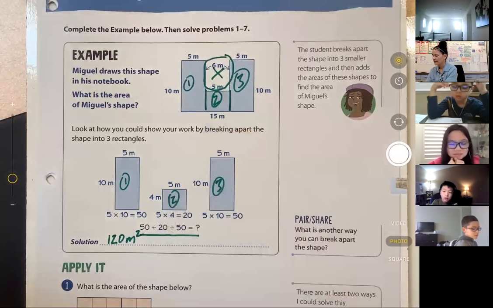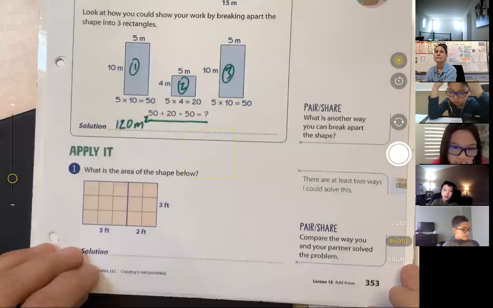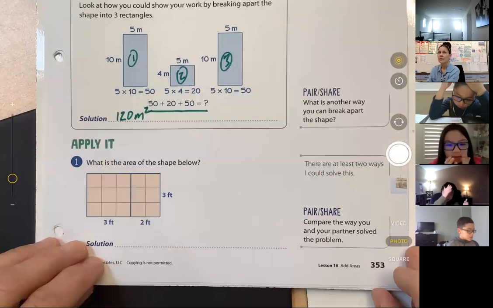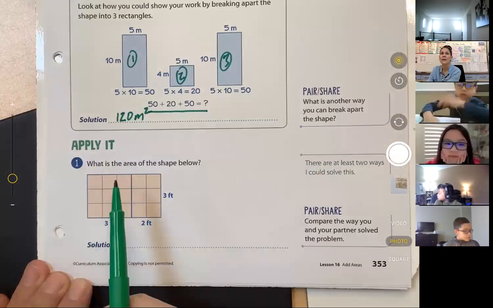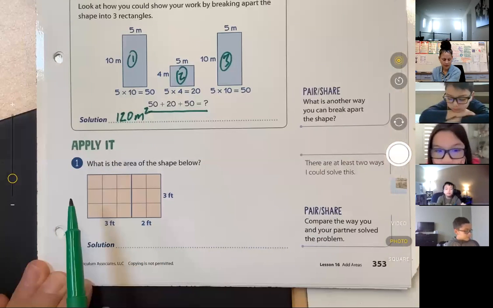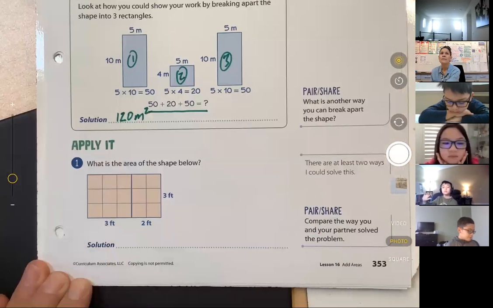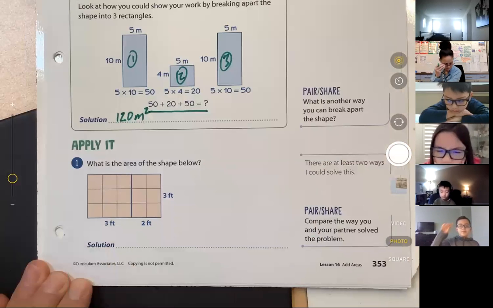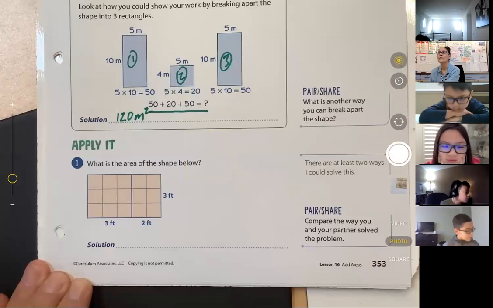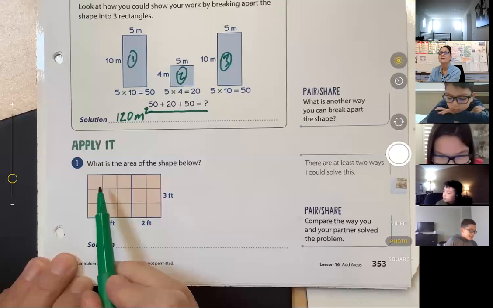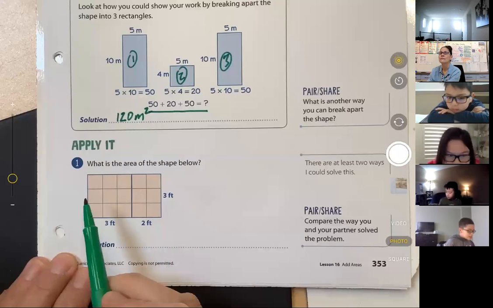All right, let us take a look at number 1 down here at the bottom, where it says the green applied. It's asking you, what is the area of the shape below? Now, there are 3 different ways that we could do this. Number 1, we could simply count the square units that are shown, right?